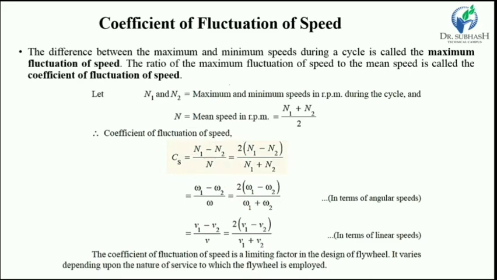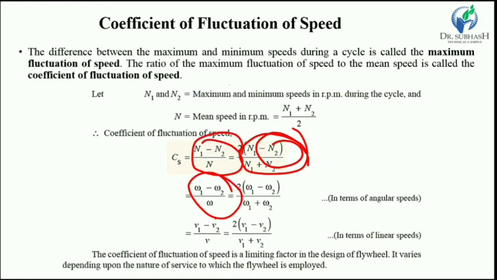Now put in the value of the mean speed, N1 plus N2 upon 2, and the 2 goes to the numerator. Now this equation is converted into the angular speed equation, omega. So N is converted into omega, nothing else changes.